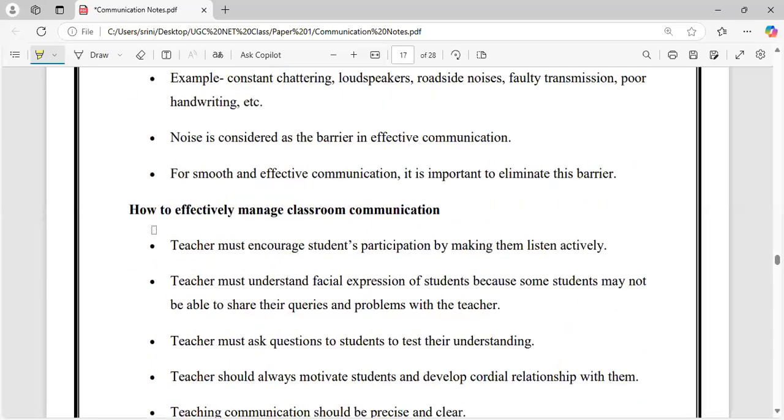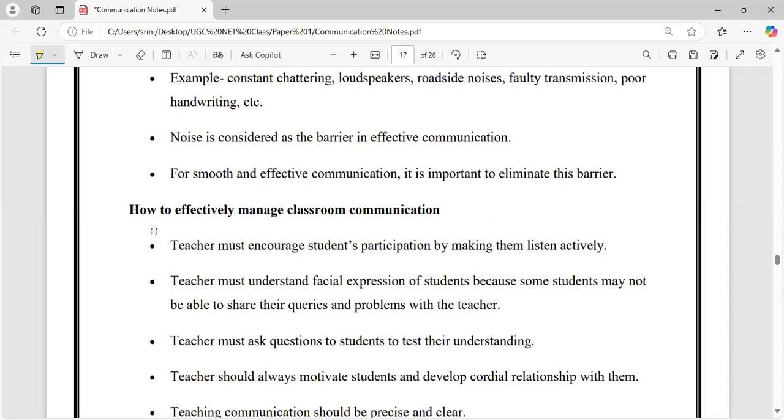Okay. Mostly, at least one question would be asked from classroom communication about barriers, and also in what situation, what a teacher should do, what kind of techniques a teacher would use to make a student understand the concept, and how you can improve the communication for each student.